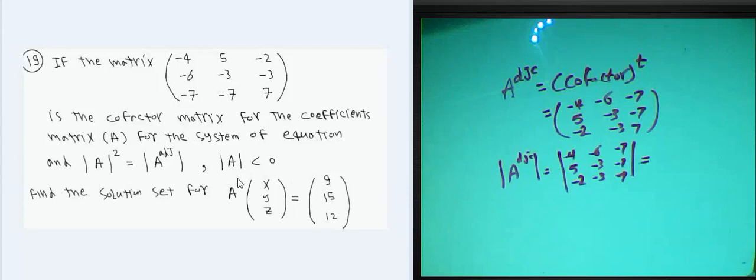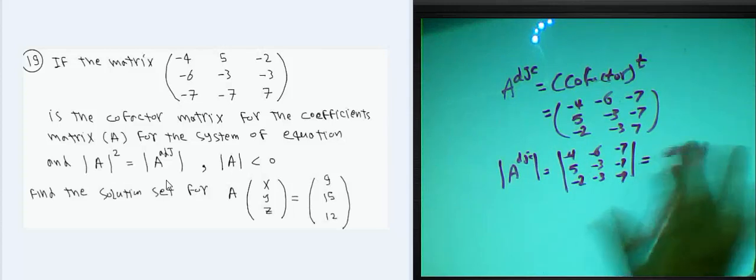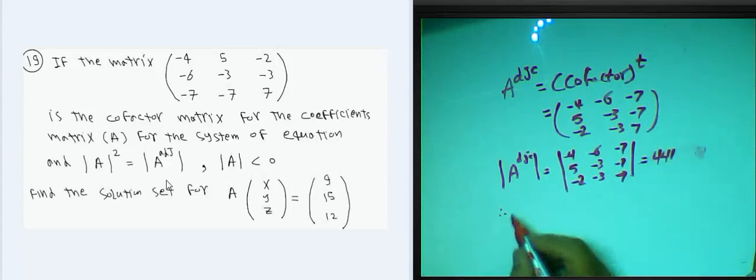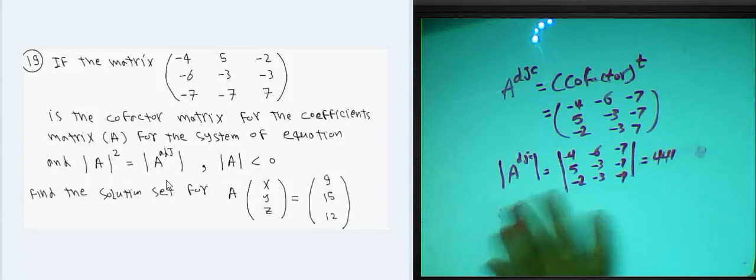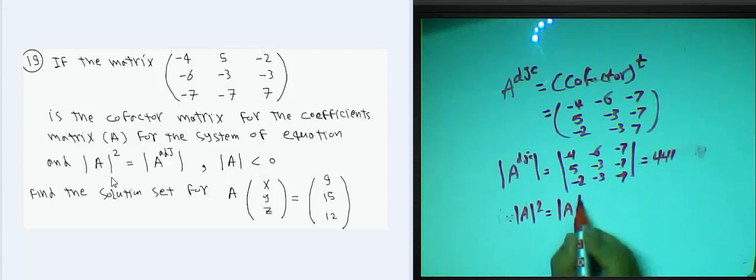He gave us that determinant A power 2 equals the absolute value of A adjoint. The result using a calculator will be 441. Then for A power -1, we can find the inverse, but he gave us that determinant A power 2 equals the absolute value of A adjoint. We can find the square root here.